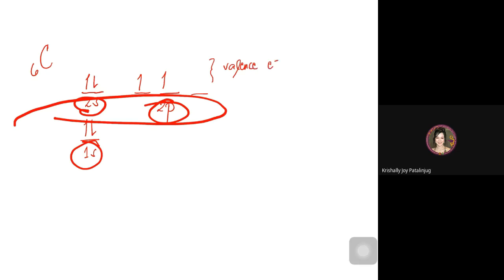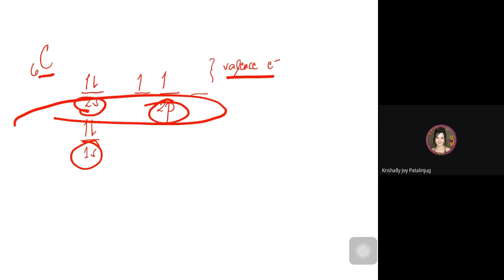So we have 4 valence electrons for the carbon atom. Valence electrons are the electrons involved in bonding and in chemical reactions. For carbon, it will always share its 4 valence electrons, forming 4 covalent bonds.